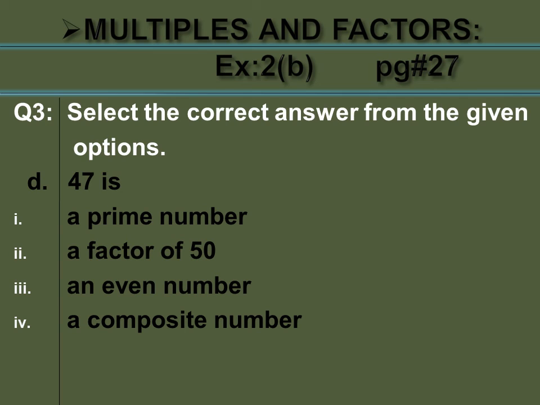We will move to the next number, that is 3. For 3, we will add the digits of this number 47. 7 plus 4 is 11, which cannot be completely divisible by 3. So we can say that 47 is a prime number. This means that the first option is correct.